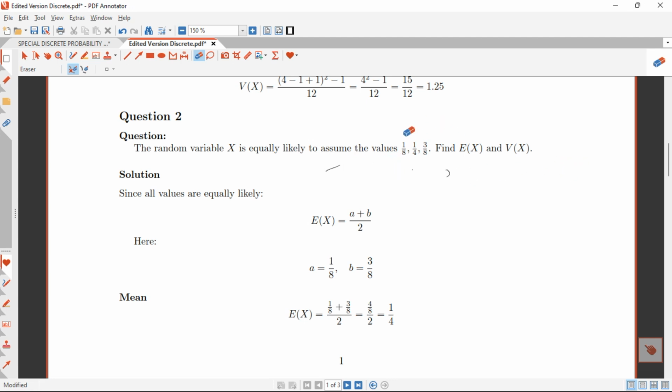What about the variance? Okay, so for the variance, we know that the variance of x is equal to b minus a plus 1 all squared minus 1 divided by 12. But you can see that from the definition that we gave in our first video on the discrete uniform distribution, we said that we use only this formula where a and b are consecutive integers.